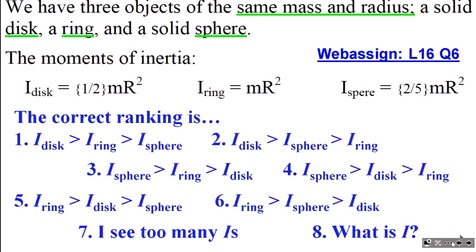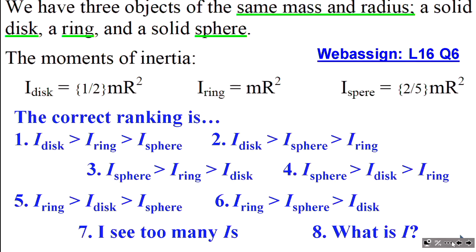Question. We have here 3 different objects which have different shapes, but more or less the same mass and more or less the same size. A sphere, a hollow cylinder, and a solid cylinder.